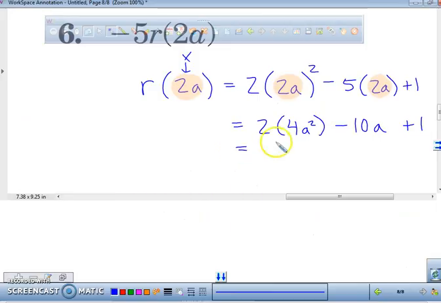The last thing I'm going to do right here is multiply this by 2. I'm going to get 8a squared minus 10a plus 1. Now what is this equal to? This is equal to r of 2a. But problem number 6 asked us for negative 5 times r of 2a.